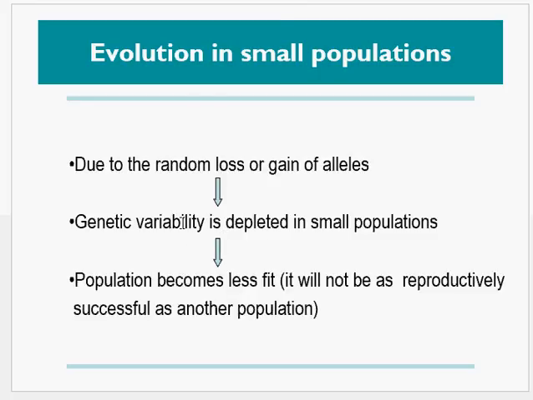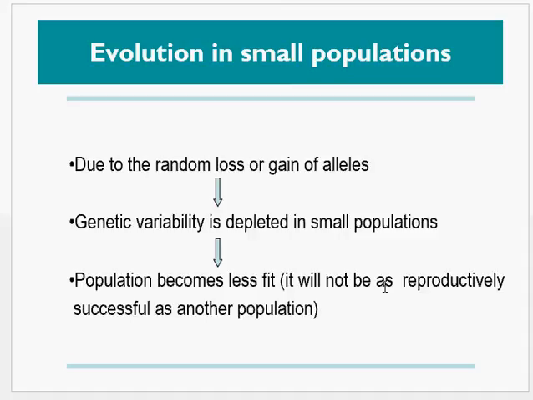It will not be as reproductively successful. So in the short term, like the cheetahs, deleterious alleles become more and more expressed. And so reproduction becomes more problematic as, say, sperm rates begin to decline and there is more abnormal sperm, or the eggs become less viable, or there are fewer viable eggs.